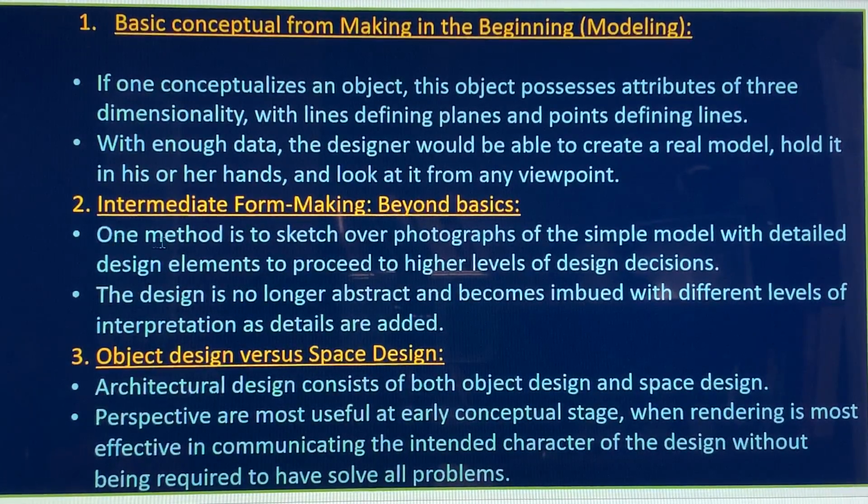Number 2, intermediate form making beyond basic. One method is to sketch over photographs of a simple model with details and design elements to process higher-level design decisions. You can sketch over a photograph, and after that you develop more detail.